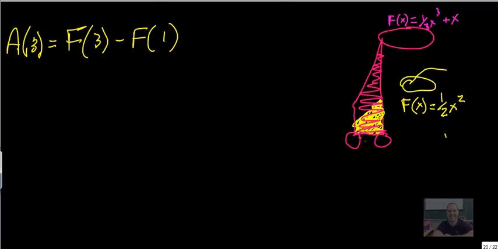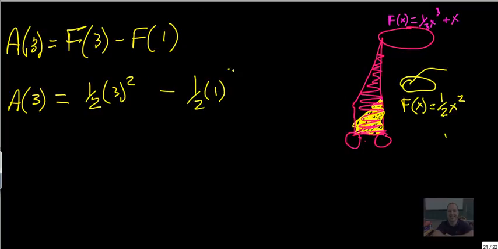And the antiderivative is right down there. And so the area here for this one would be 1/2 3 squared minus 1/2 1 squared. Okay, so that's 9 over 2 minus 1 over 2, that is 4.